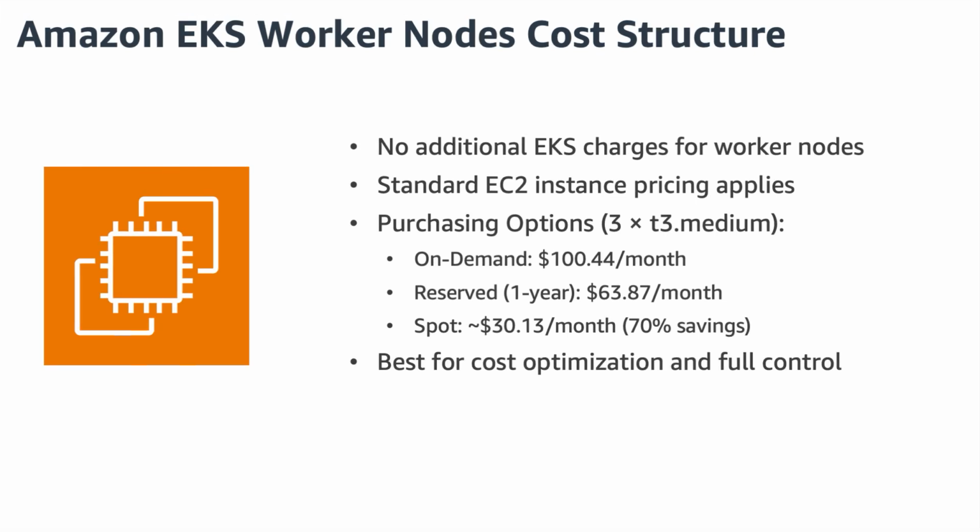This deployment model is ideal when cost optimization is critical and you have the expertise to manage the underlying infrastructure. You get full control over instance types, scaling policies, and can leverage all EC2 cost optimization features.